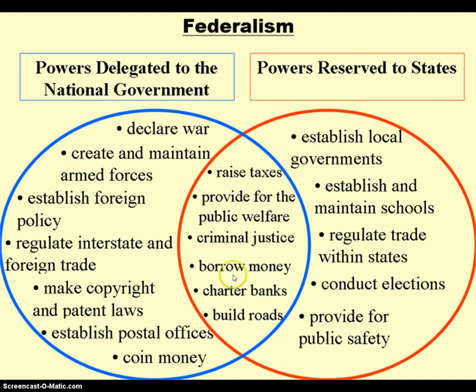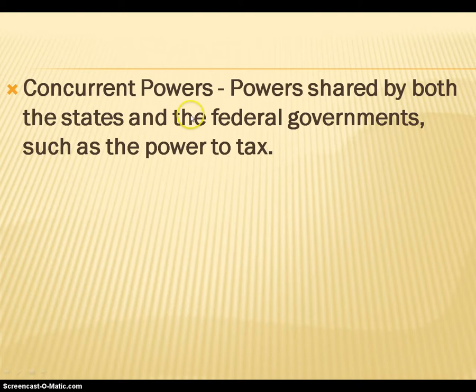Right. Now in the middle, these, like raise taxes, borrow money, those are concurrent powers. Right. So they're powers that both the state and the federal government can do. Right? So like the power to tax. Both the state and the federal government do tax us. And that's how they get their money to be able to do all the cool stuff that they do.